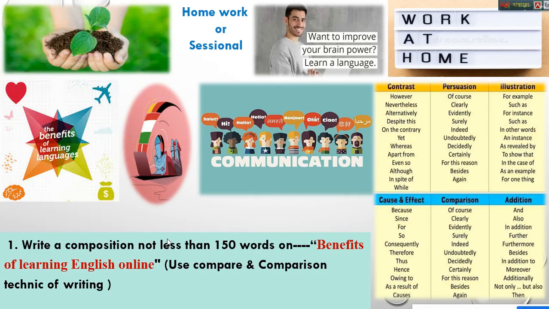If you watch this poster and these images here, you will get a lot of clues about how you may benefit from learning English online, which is not possible in virtual or physical classes.